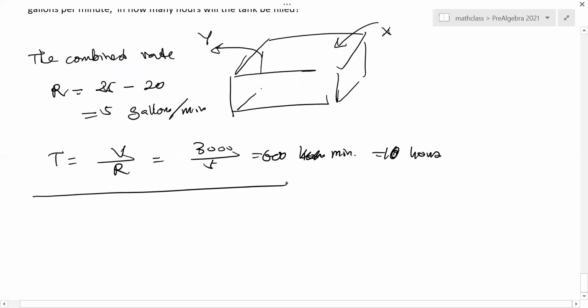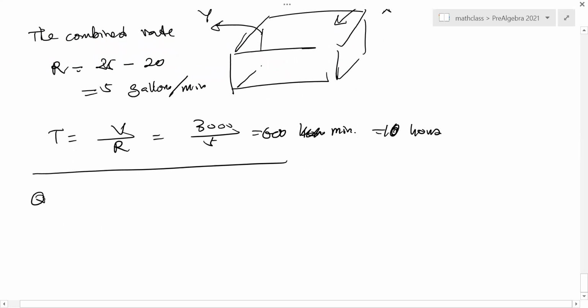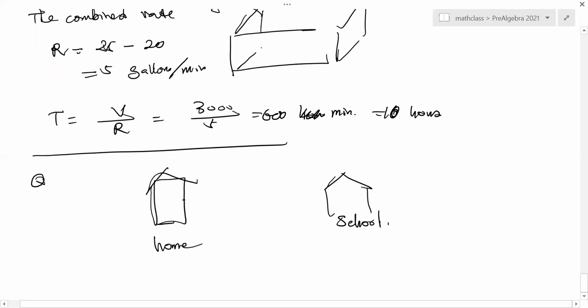All right. So at the end, I'm going to ask you to do this tricky problem. That's your house, and that's a school. In the morning, after you get home, you forgot something, so you run to the school at 4 miles per hour.